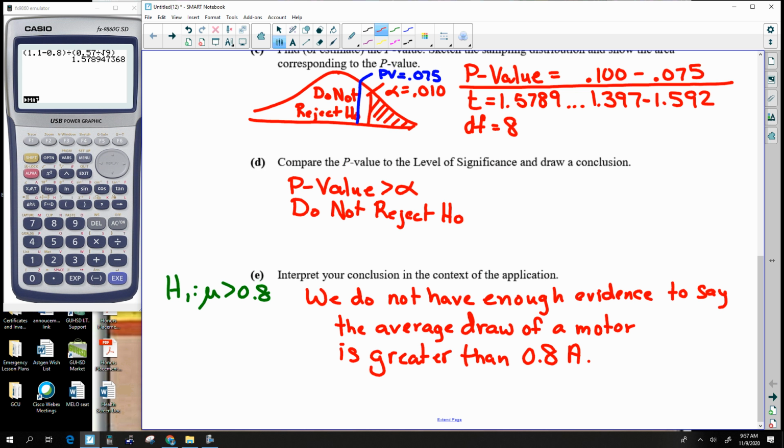We do not have enough evidence to say that the average draw of a motor is greater than 0.8 amps.